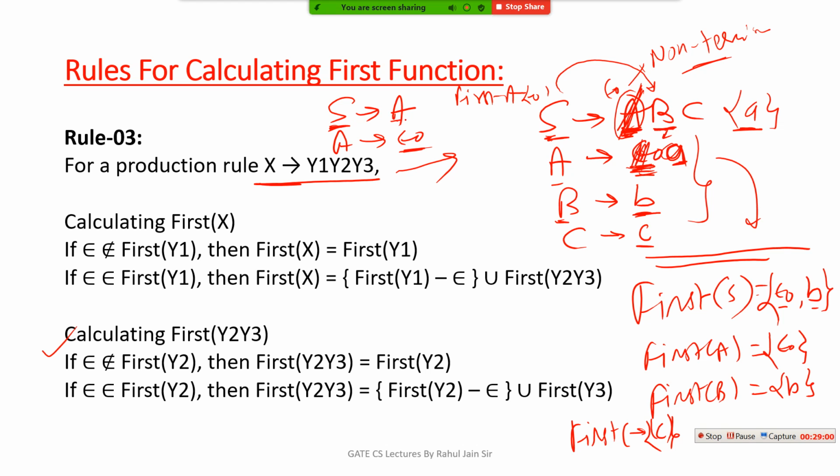First of S is first of A, because if a terminal were here, I could directly say that first of S is small a. But as a terminal does not exist here and a non-terminal is existing here, I need to answer that the first of S would be first of A. Now what is first of A? First of A is epsilon, so first of S would also be epsilon. Is it clear, Poshali?